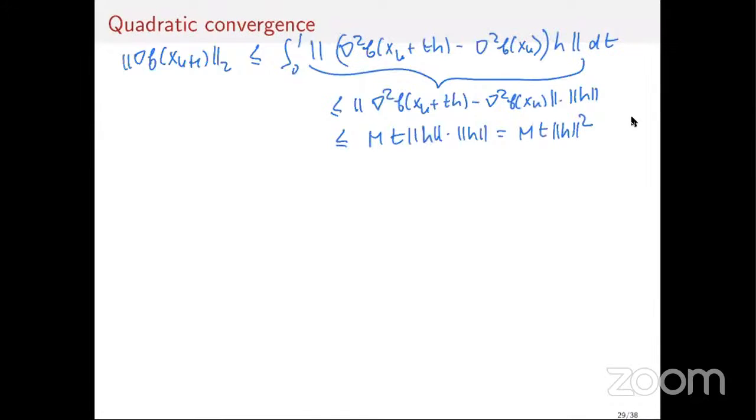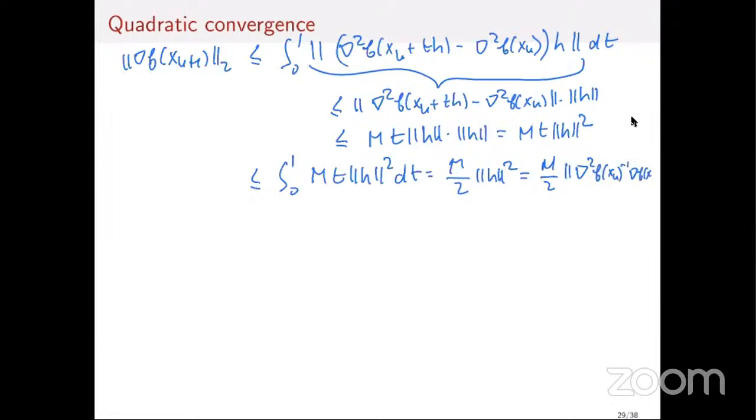I use the fact that the Hessian is m Lipschitz, which is the assumption in my theorem. So to summarize, this is less than the integral from 0 to 1 of m t norm of h squared dt. If you work out what this is, this is m divided by 2 times the norm of h squared. And if I plug in what h is, this is m over 2 times the norm of the Hessian of f at xk inverse times the gradient of f at xk, squared.